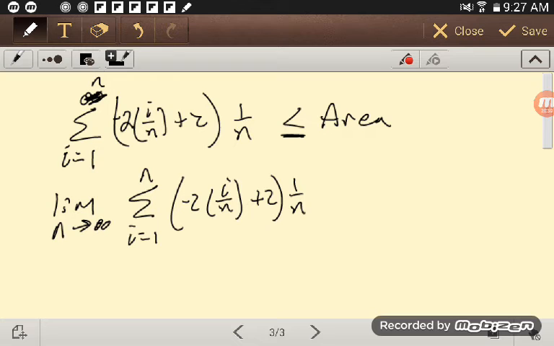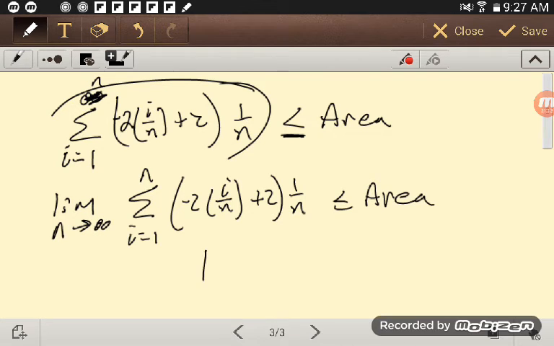Well, since each of these terms has to be less than or equal to the area, much like the squeeze theorem, the answer to this limit is also less than or equal to the area. And so I know that 1 is less than or equal to the area. So the area is no smaller than 1.